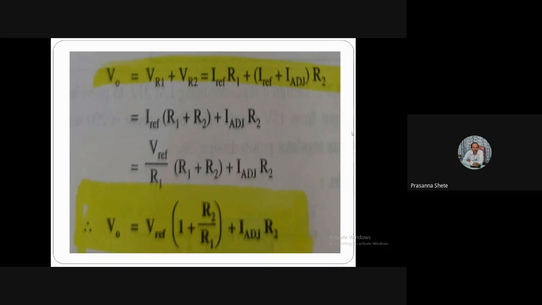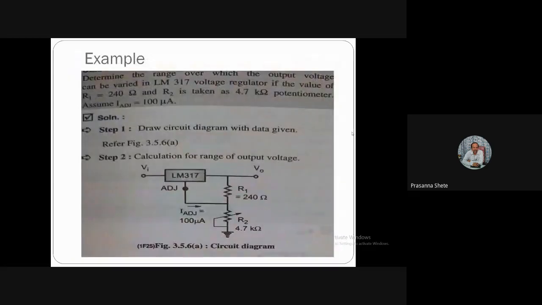Based on this, we have two unknown variables, R1 and R2. Two resistances are unknown. We can assume one resistance and calculate the other resistance to get the output as desired. So this example can also be solved here.